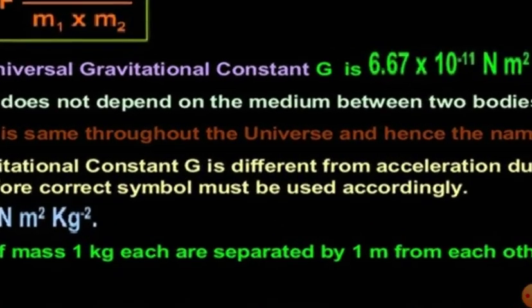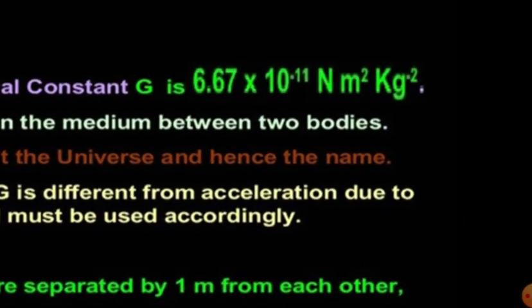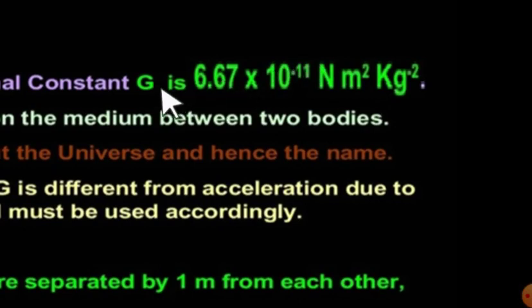Got it? Let me zoom in so that you can see it easily. This is the value of your universal gravitational constant G, and this is the SI unit of capital G.